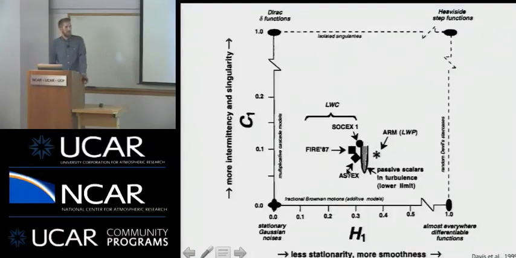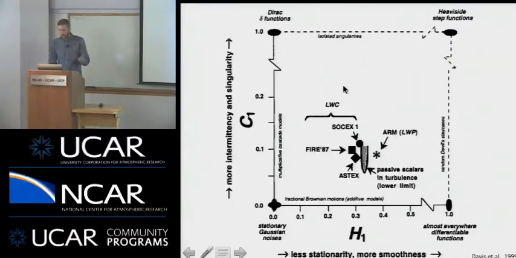And this makes sense. Small drops don't have that much inertia, so they shouldn't deviate that much. For a remotely sensed liquid water path, we get a little bit different characteristics, which I have not actually seen a satisfactory explanation of yet. But in any case, we see all of these cloud liquid water observations falling close to turbulence.